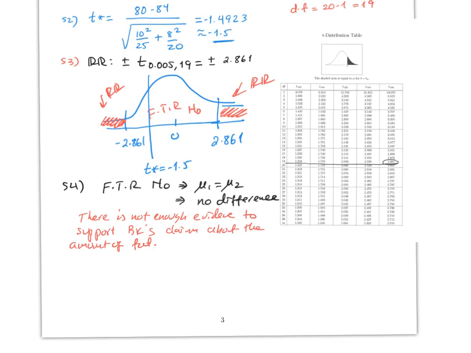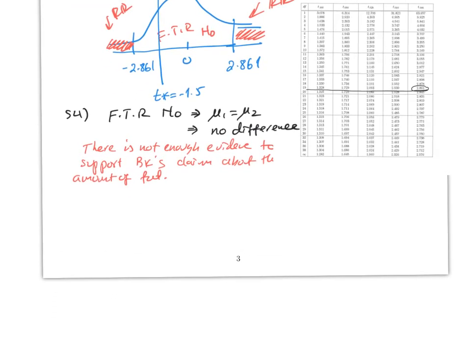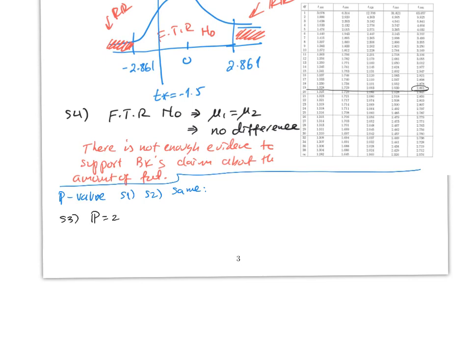Okay. Well, that was it for the rejection region. What about the p-value? So remember, for the p-value, step 1 and step 2 are exactly the same. Step 3, the p-value is going to be twice the probability that t is greater than the absolute value.